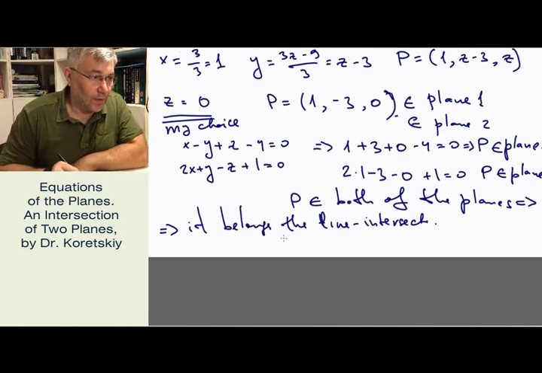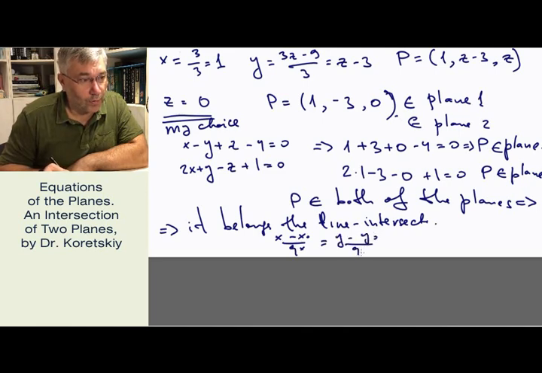We had x minus x0 over qx equals y minus y0 over qy equals z minus z0 over qz.